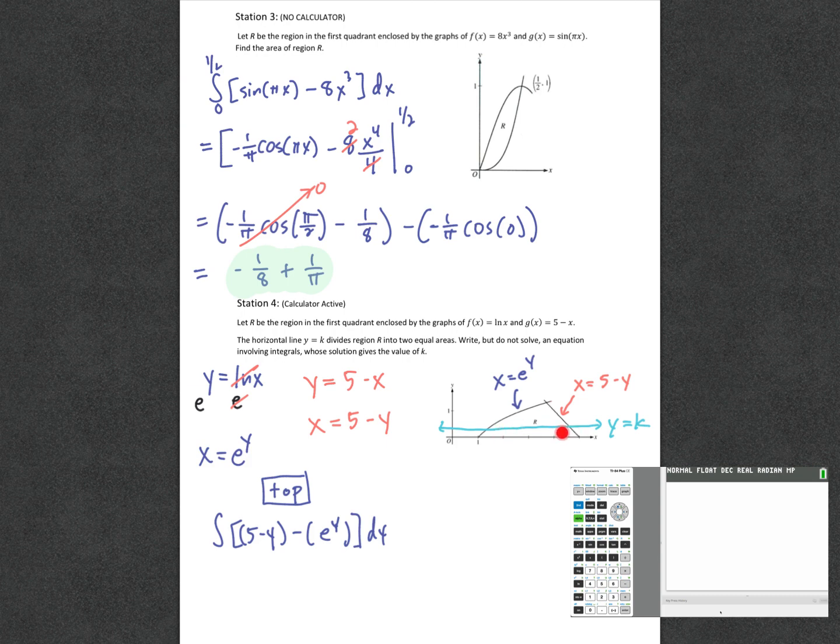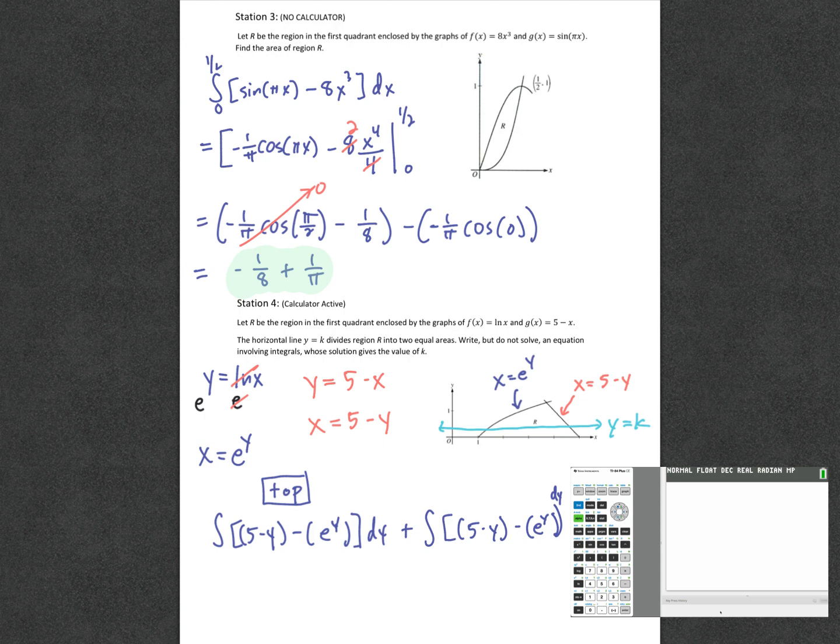Let's set up the other side though. Now this bottom area, still the same right minus left, same functions. Do some integral, and it's the same thing. It'd be 5 minus y on the right, and e to the y on the left, dy.